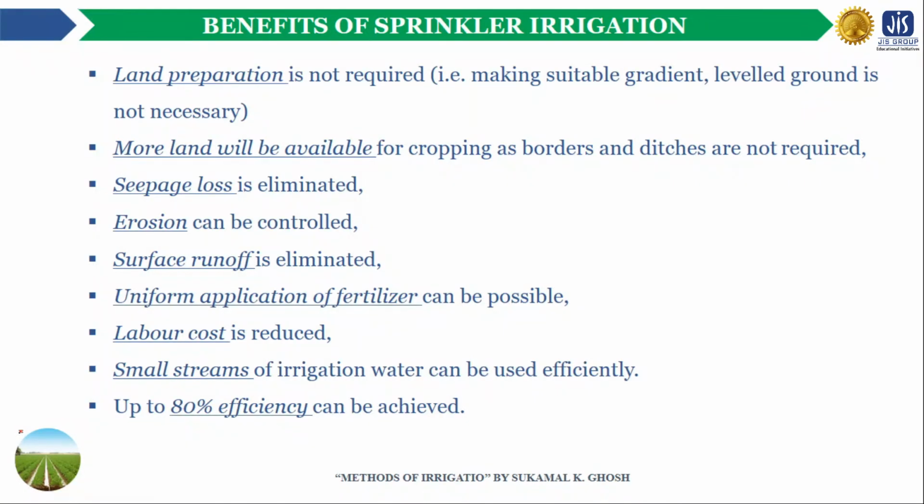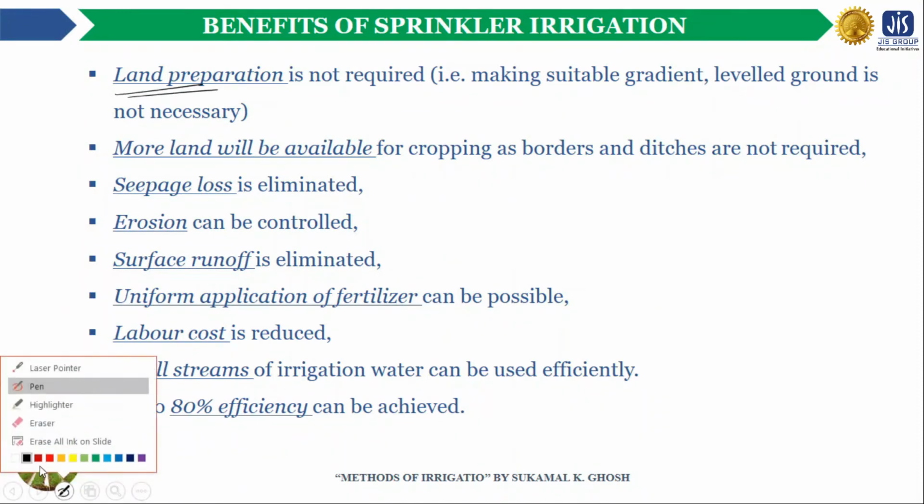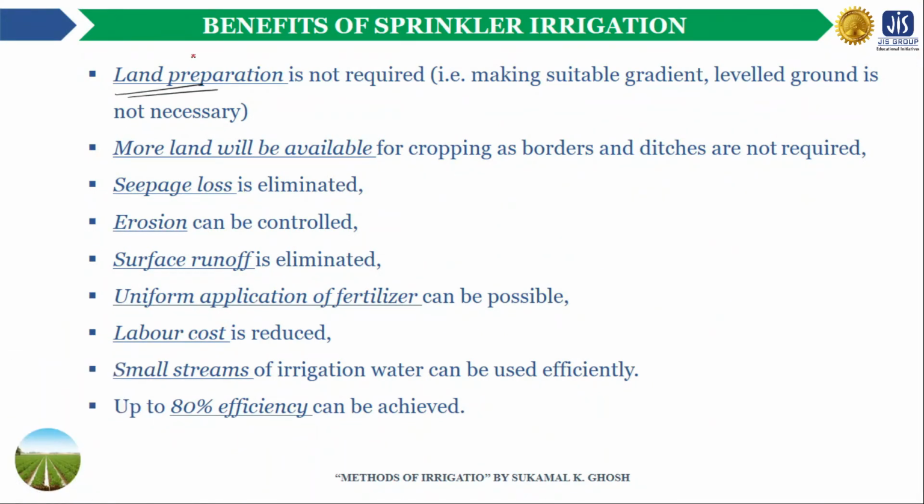So the sprinkler method of irrigation has many advantages or benefits compared to surface irrigation. In sprinkler irrigation, land preparation, meaning the leveling of the land and then making a suitable gradient, is not required unlike surface irrigation, and due to this reason the labor cost is reduced.